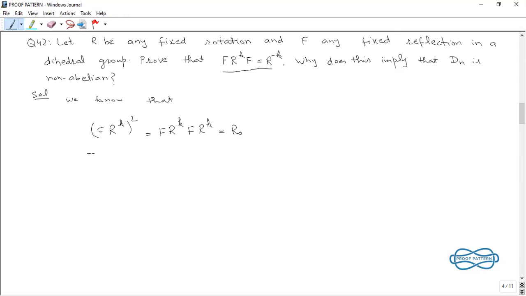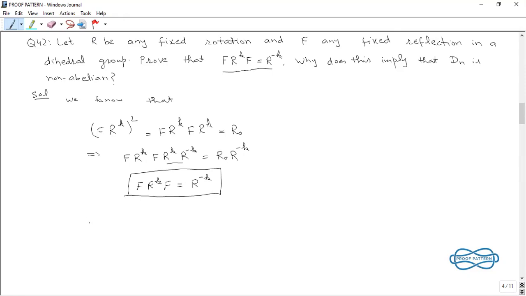So this implies, if we post-multiply, or multiply from the right side, this equation with r raised to the power minus k, we get the identity on the right, and f r^k f is equal to r raised to the power minus k.